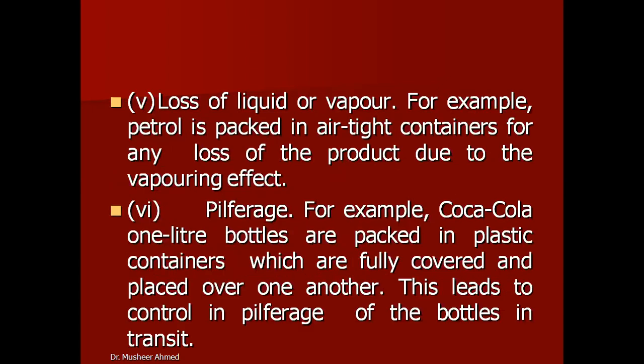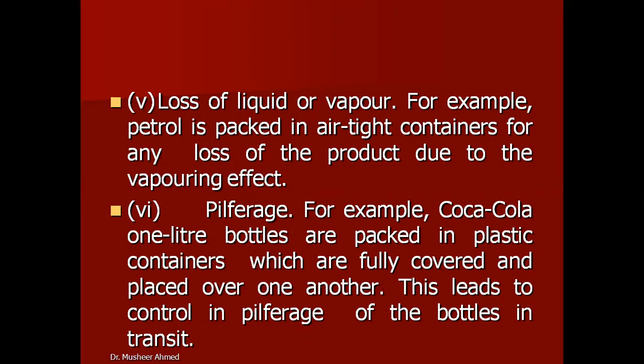Now, coming down to the fifth point in this category, right? Loss of liquid or vapors, like petrol is packed in airtight containers because it suffers from vaporization effects. So in order to avoid this kind of vaporization, it is packed in airtight containers, right?